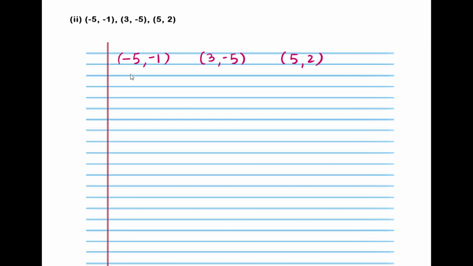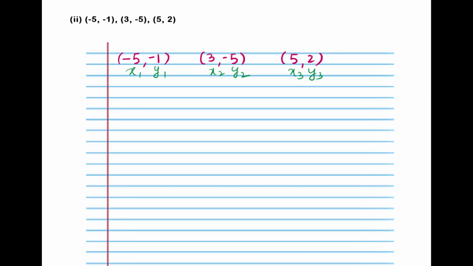Now consider minus 5, minus 1 as x1, y1 and 3, minus 5 as x2, y2, then x3, y3.